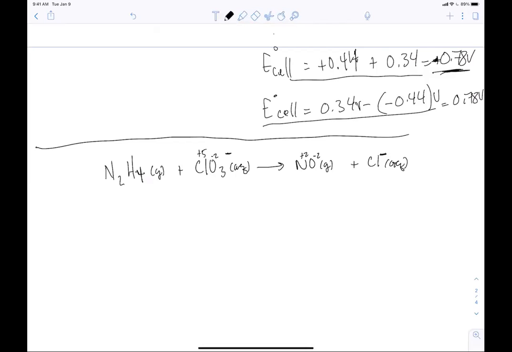Then hydrogen over here is going to be +1, so that's +4. Chlorine is being reduced.